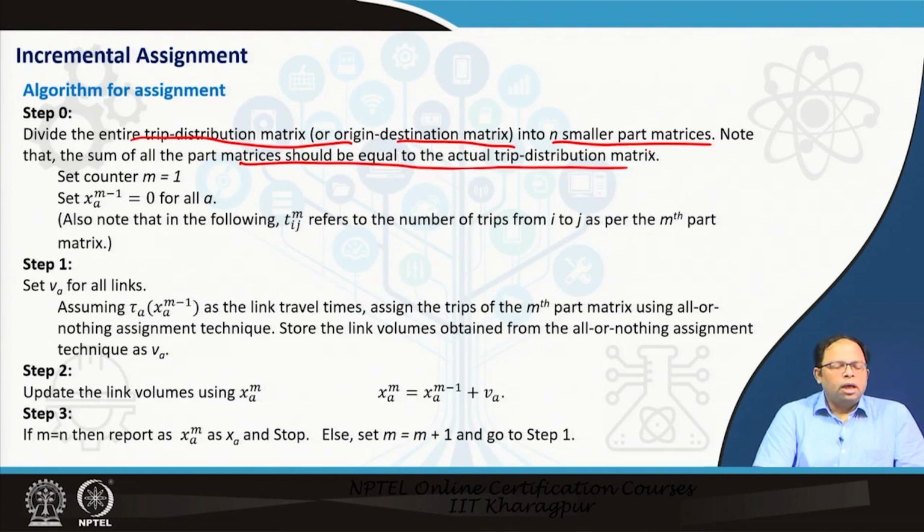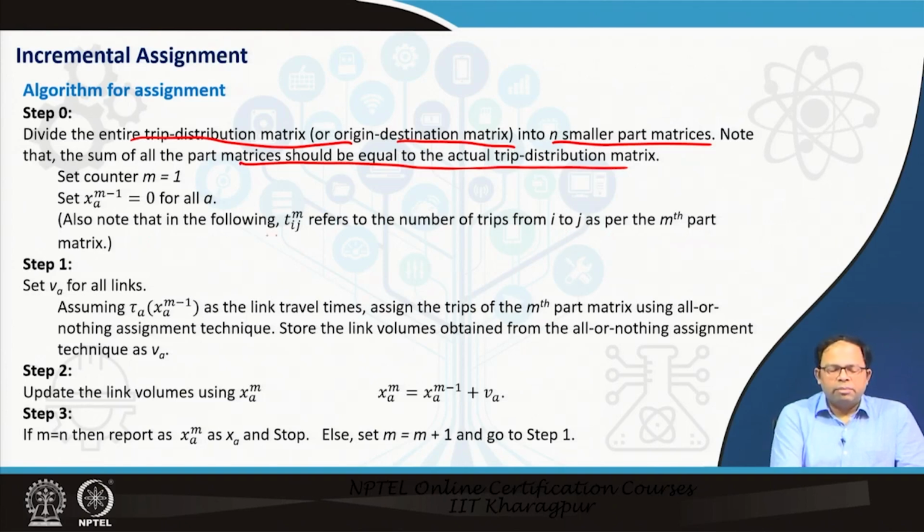That is understood. First we set the counter m equal to 1, and we set the variable x_a^(m-1), for this first iteration, that is why we are using this kind of terminology, equal to 0. That means this is the traffic volume assigned to a particular link. So this value is set at 0 for all a. Also note that in the following, Tij refers to the number of trips from i to j as per the mth part matrix.